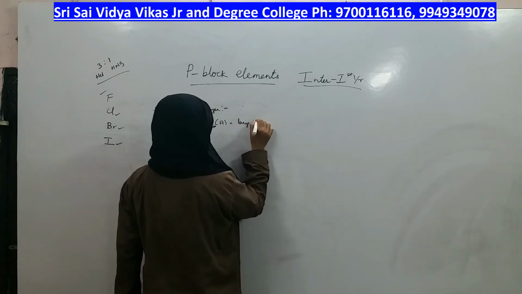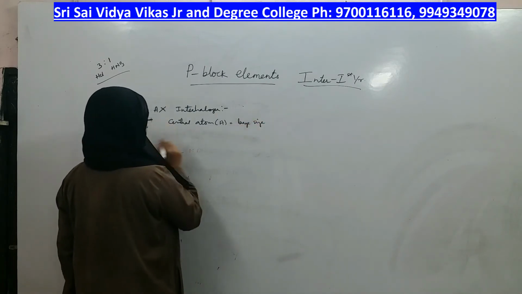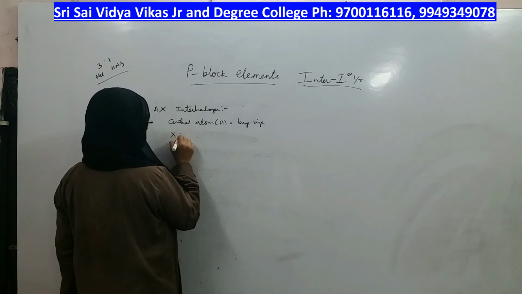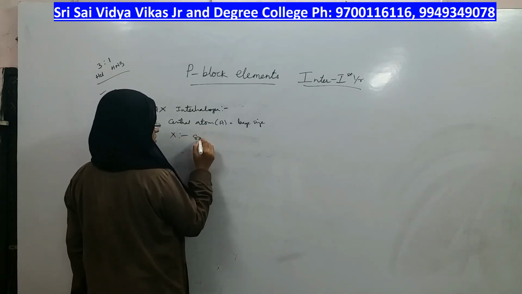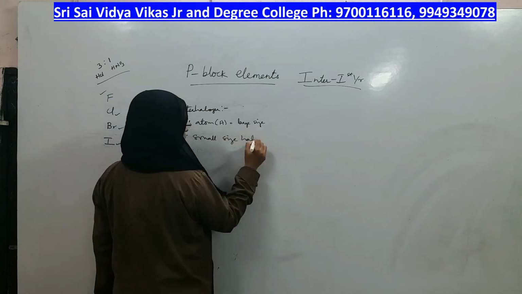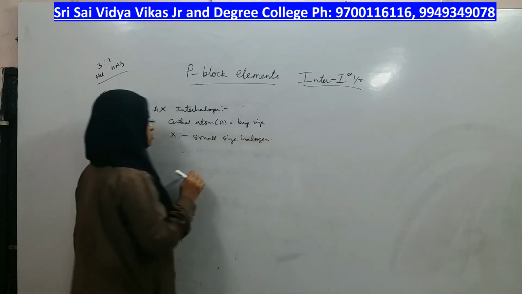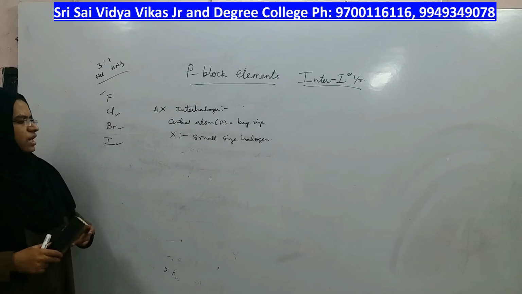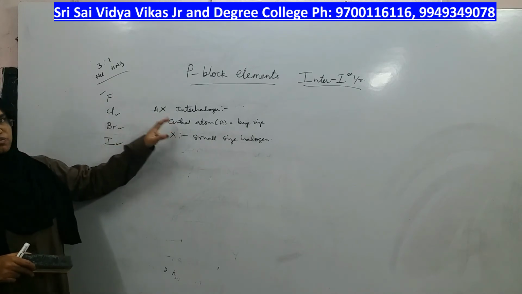Large size should be taken as the central and X is nothing but small size halogen, or more electronegative halogen should be surrounding and less electronegative halogen should be in the center.